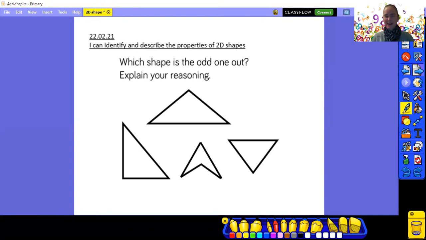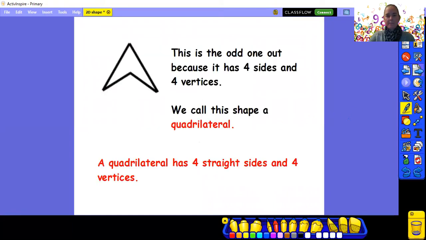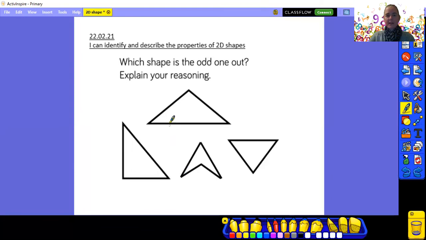Right, welcome back. Okay, so let's have a look closely at these shapes. I've got a shape here, a shape here, a shape here, and a shape here. Are they all the same? I'm going to look at them more closely. How many sides do they have? 1 side, 2 sides, 3 sides, and 1, 2, 3 vertices.